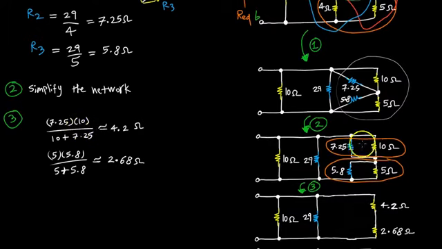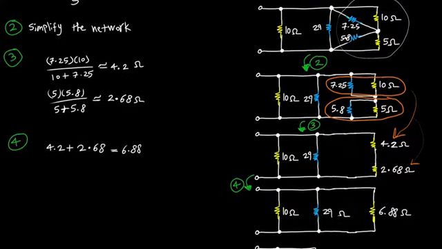You simply take these in parallel, and that gives you about 4.2 for this section, and I've written that here. For the next section, 5.8 and 5, you get roughly 2.68. In the fourth step, I've simply added resistors 4.2 ohm and 2.68 ohm in series, and you get 6.88.